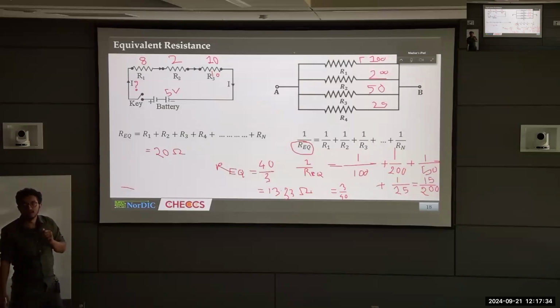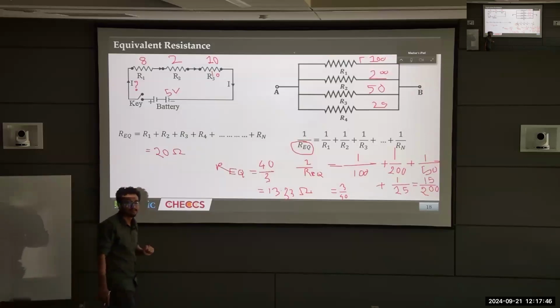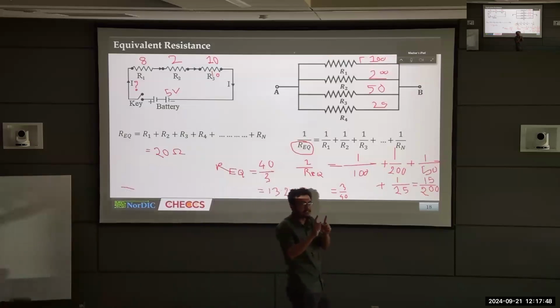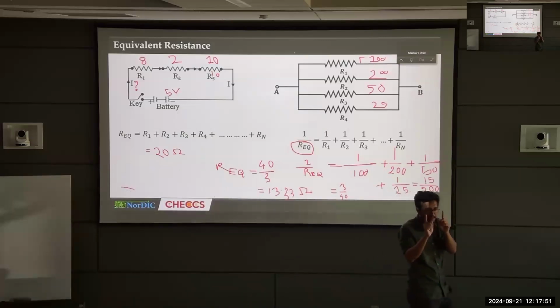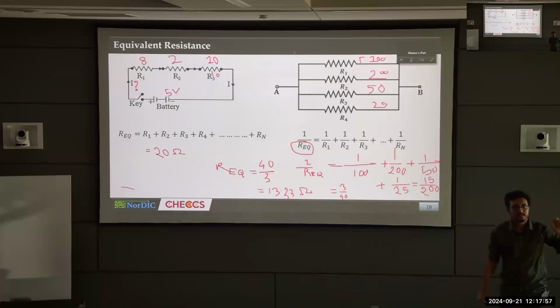Now, who is gonna tell me what is the voltage? Let me rephrase my question. What is the voltage across the 8 ohm resistor, the first resistor? Or what is the voltage difference of the two terminals of the 8 ohm resistance? 3 volt.